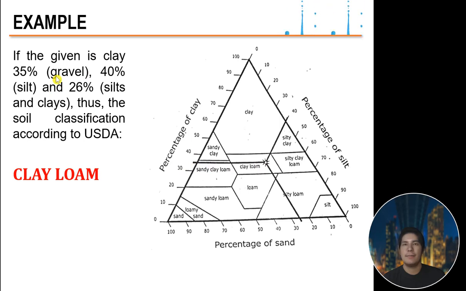Silt is 40%, so this is the 40%, and then 26% is the sand.